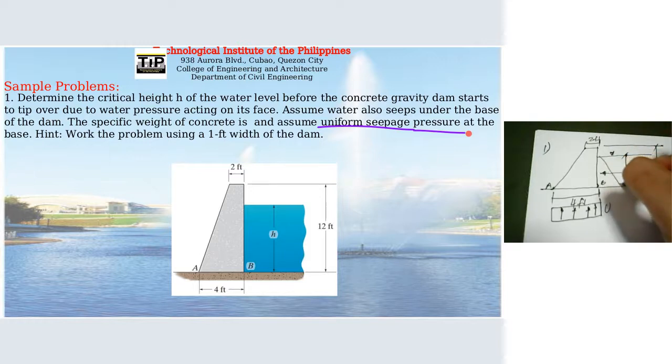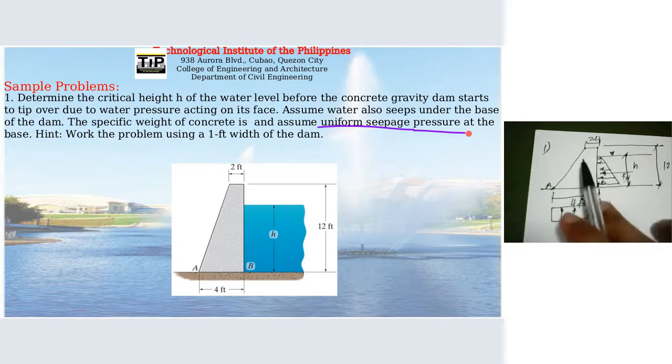We can draw the pressure diagram. Okay, it looks like this. So this is the second force that's acting on this dam. Horizontal force, uniform seepage pressure, and then we have the weight.